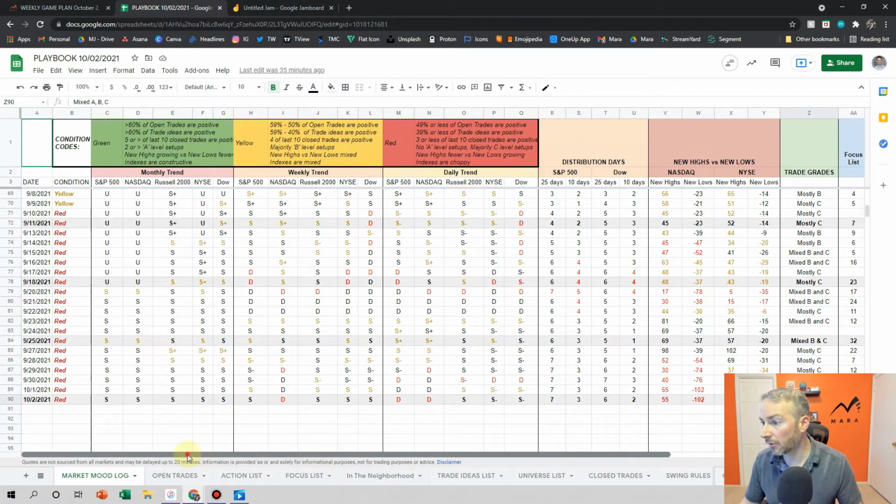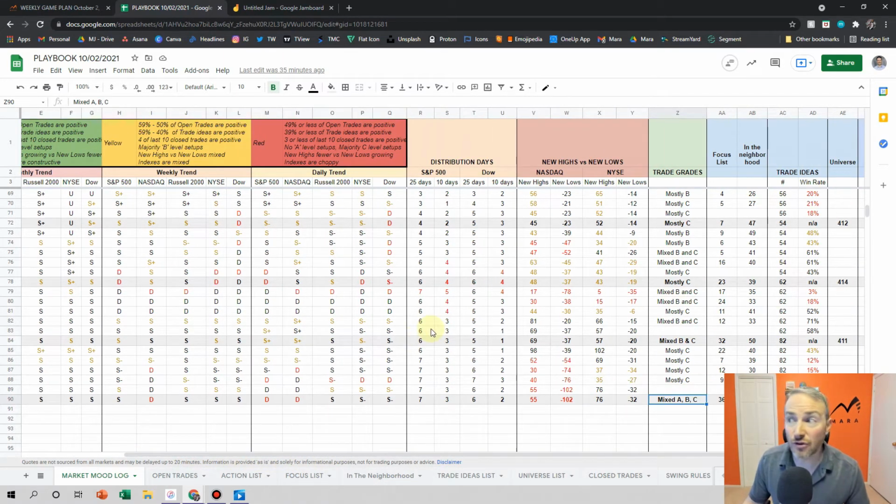I'll also look at the number of distribution days on both the S&P 500 and the Dow. I have a script in TradingView. That's the charting service that I like to use, and you'll get to see firsthand very soon. That is built in, and it counts up the number of distribution days for me. You'll be able to access all these scripts as well if you have TradingView and you want to access them.